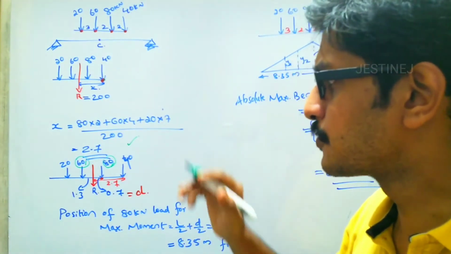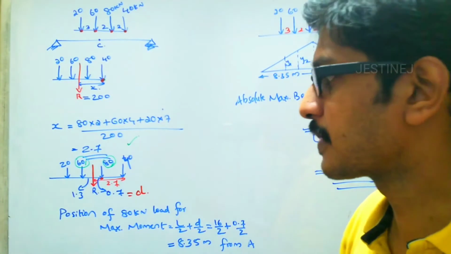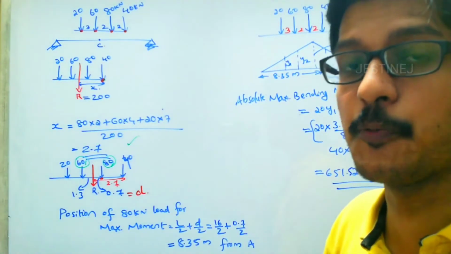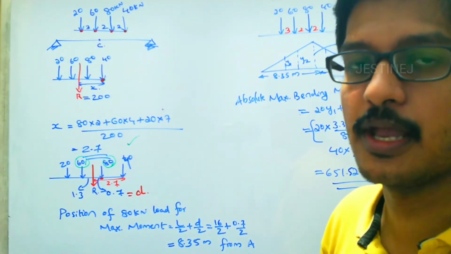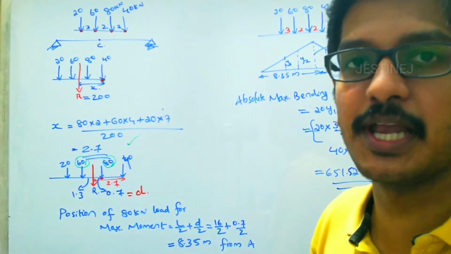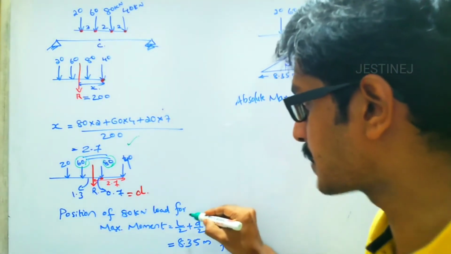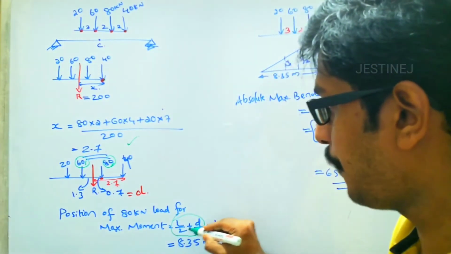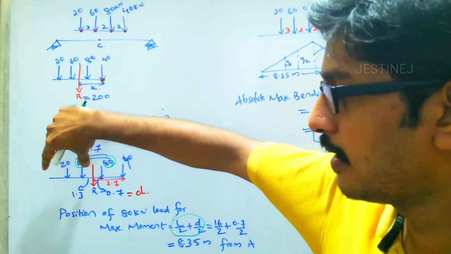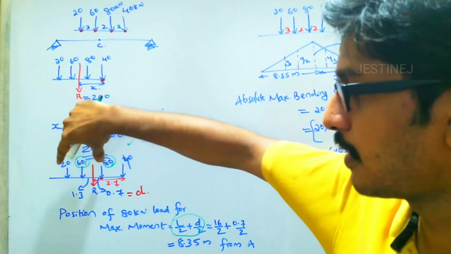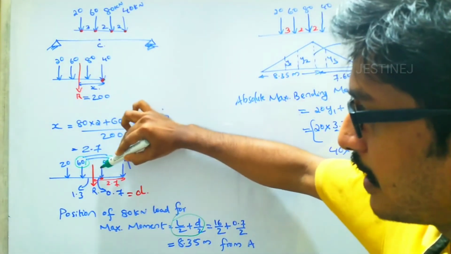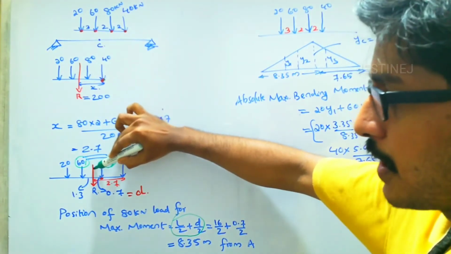Our next intention is to find the distance of the 80 kilonewton from the support. Where to place this 80 kilonewton in this 16 meter beam? For finding that, we use the formula L by 2 plus D by 2. L by 2 means the span, 16 by 2, at the mid span, plus D by 2, where D is the distance between the 80 kilonewton and the resultant.